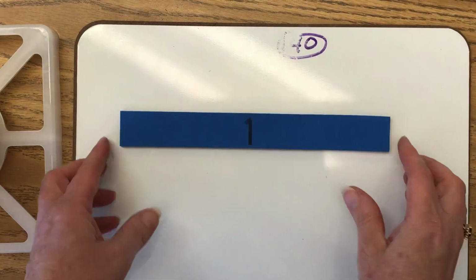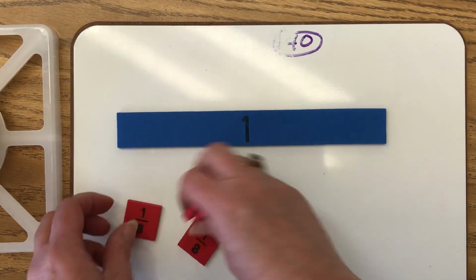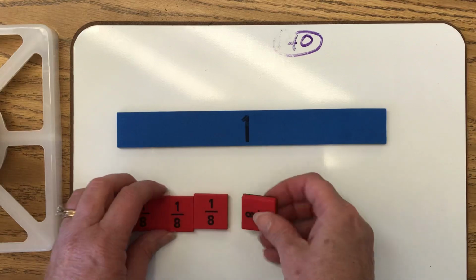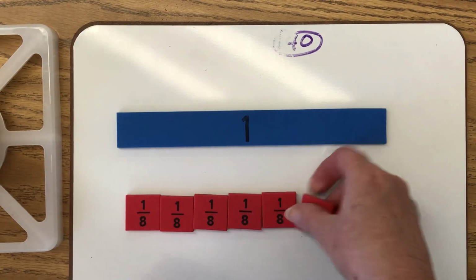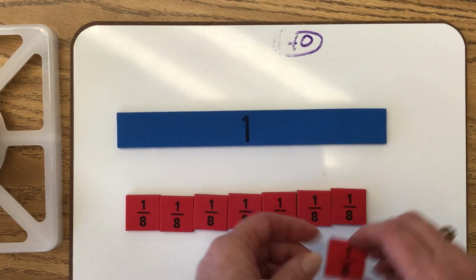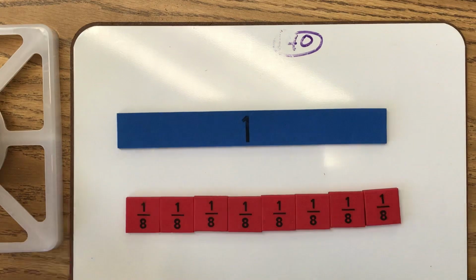Here's where they started out with a board. They both had a board. Edward cut his into 8 equal pieces, which would be eighths. So here are his 8 equal pieces that he cut his board into. Because 8/8 is the same as 1. Okay, so that's Edward.